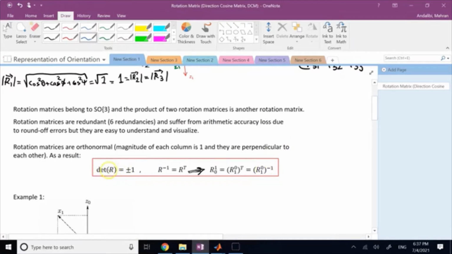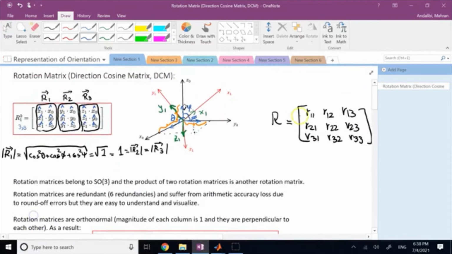It means that, for example, if I calculate the determinant of it, it should be 1, right? Or the inverse of it should be the same as the transpose of it, correct? Now, is that the case? You are going to see that the first or second time you try it, you are not losing a lot of accuracy.